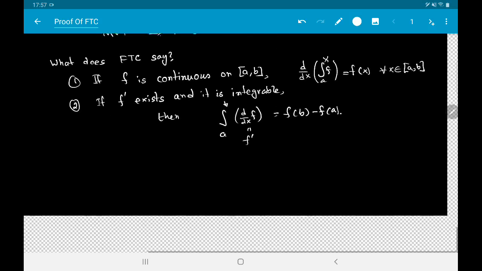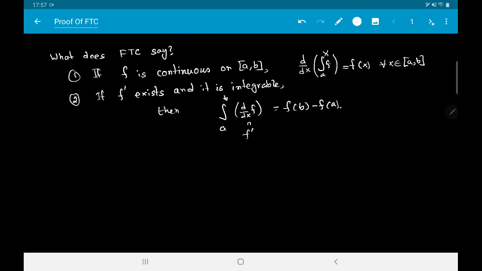So this shows that integration and differentiation are some kind of inverses to each other. And third, how to calculate the antiderivative, this follows from here.